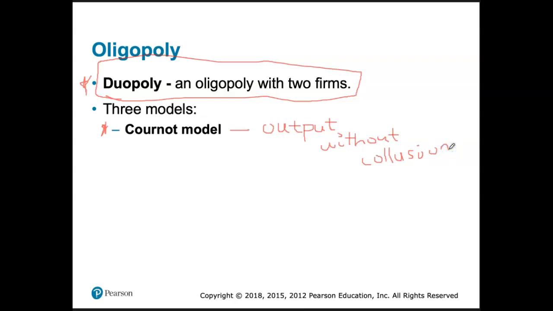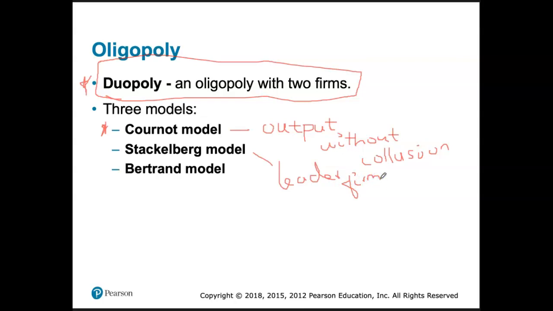Then we have the Stackelberg model, in which one firm tends to be the leader, chooses output, and the other firms follow.